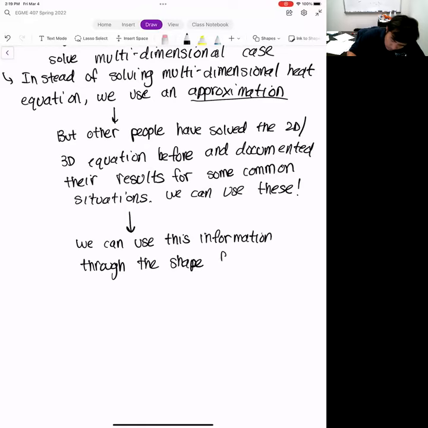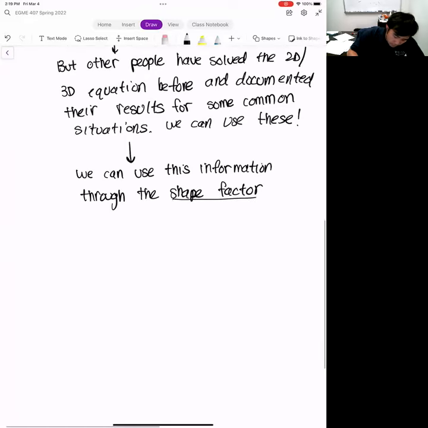Right. And so our equation looks something like this. And so if we have a multidimensional situation, and we want to compute the amount of heat that gets transferred through that situation, I should be a bit more clear here.